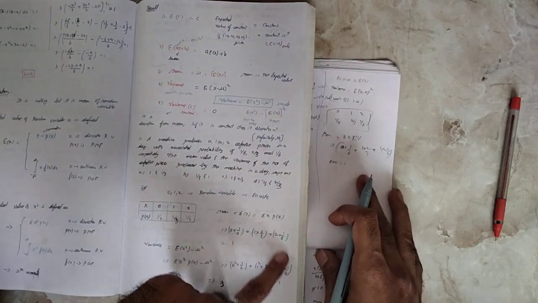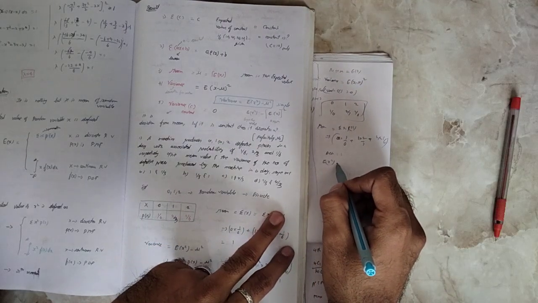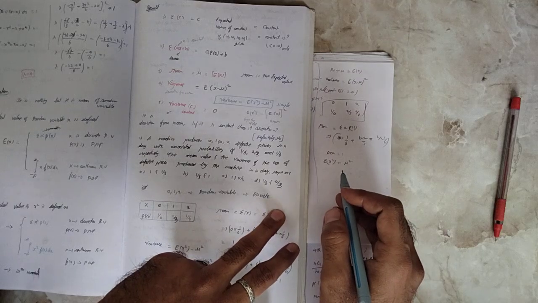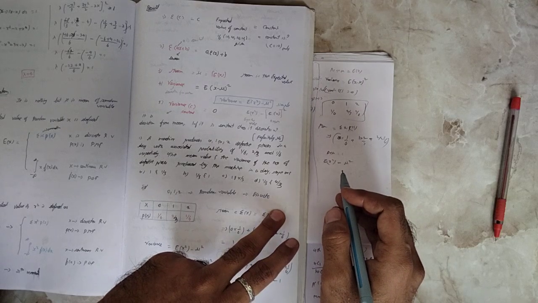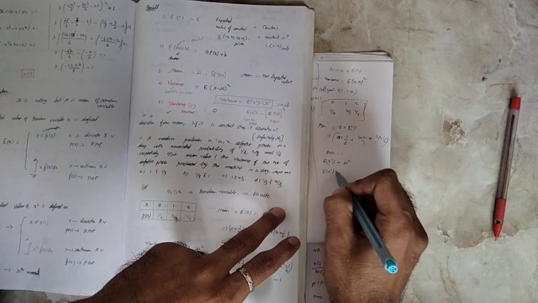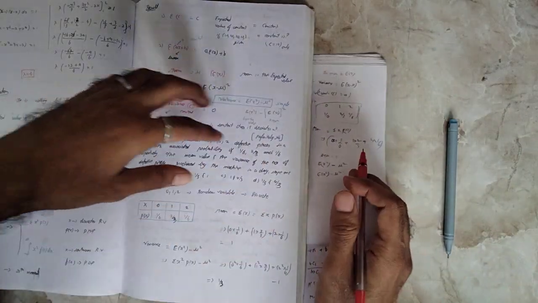What is the variance? Variance equals E of x square minus mu square.